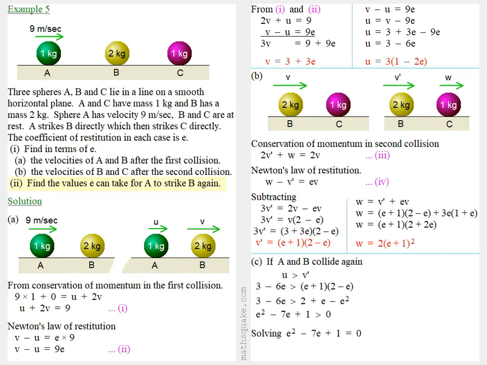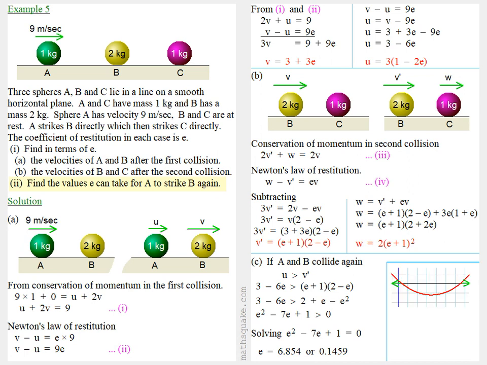Well, if we first consider e squared minus 7e plus 1 equals 0, that's a quadratic equation, which we can solve using the formula, or if you've got a calculator that does it in one go, we can get e is equal to 6.854 or 0.1459.